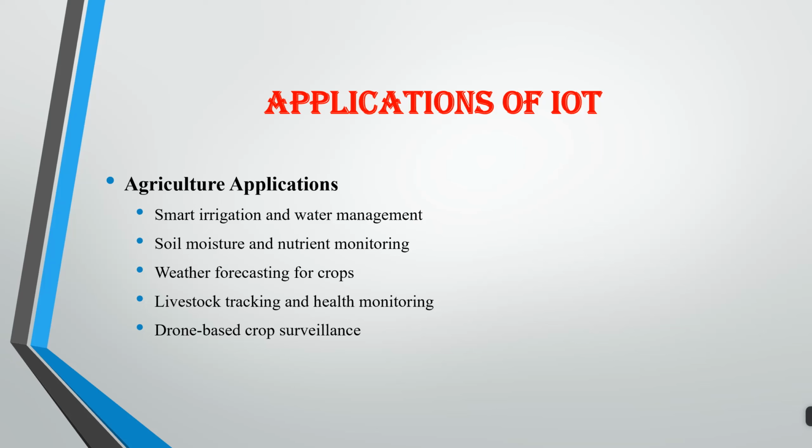Somebody should go and switch on the pump so that it starts irrigating, whether or not we know there is enough water in that particular agricultural land or there is a scarcity of water. If we go for an automated irrigation system, it will automatically sense the humidity, the water level, and the temperature, and it automatically takes a smart decision either to irrigate or not.